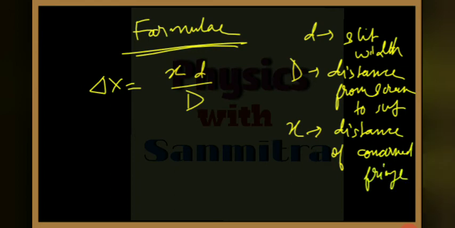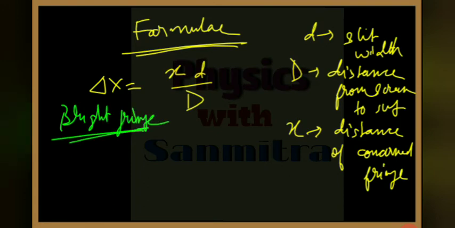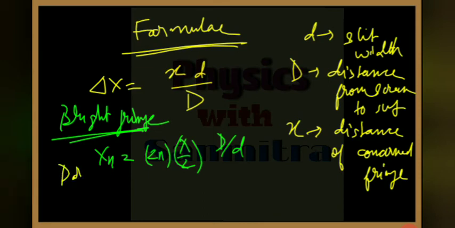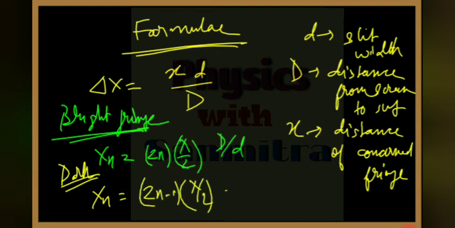That can be bright or dark, anything. My next formula was for bright fringe: xn was 2n into lambda by 2 into D by d, and for dark fringe xn was 2n minus 1 lambda by 2 into D by d.